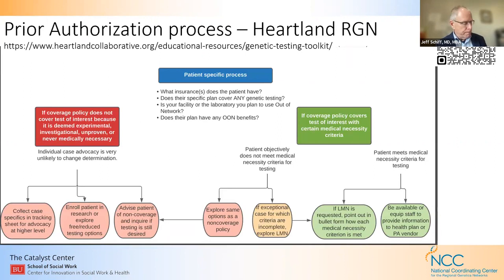Erin? I'm actually going to let Julie start us on this slide. Great. So the Heartland Regional Genetics Collaborative came together, and we used our expertise to outline some prior authorization process quick tips. This was intended to be a resource for the clinic.